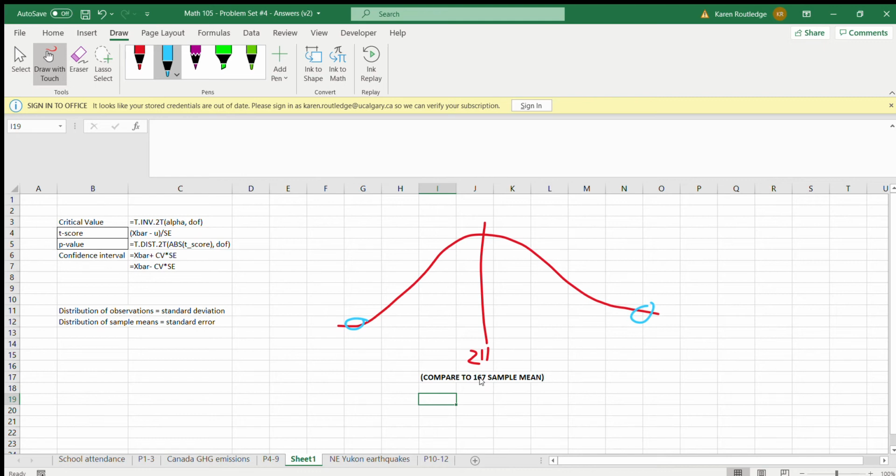Ultimately, we're going to evaluate our null hypothesis by saying, well, if our sample mean is close to our population mean, then we're going to say it's okay, and we will fail to reject the null hypothesis. So we'll go with, yeah, it equals 211. If our sample mean is not close to our population mean, then we will reject the null hypothesis.